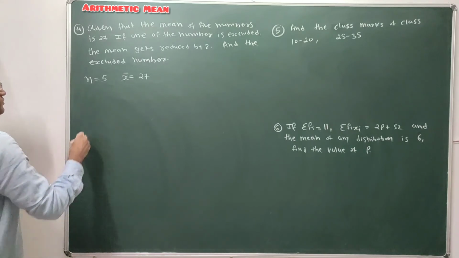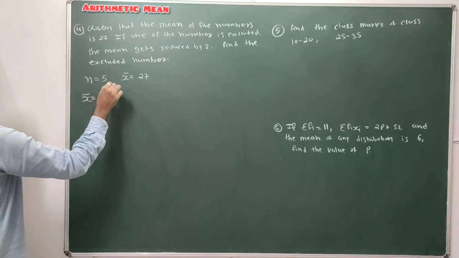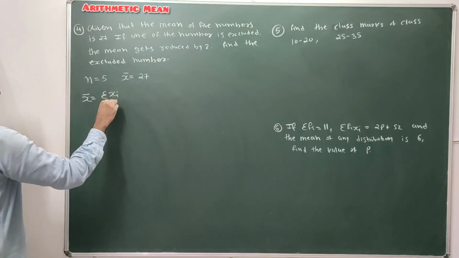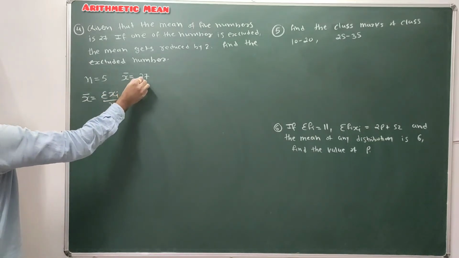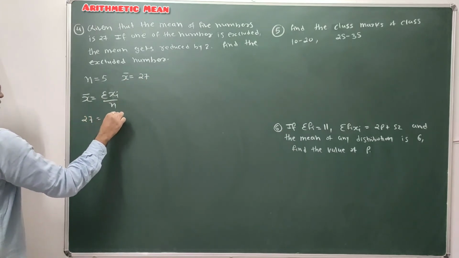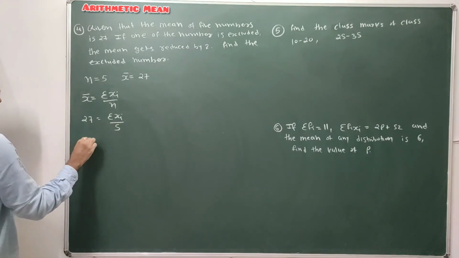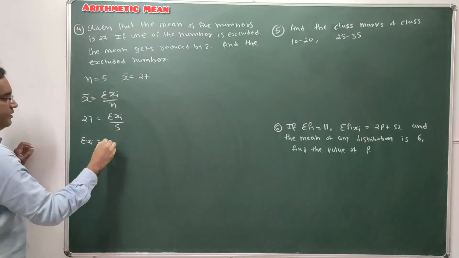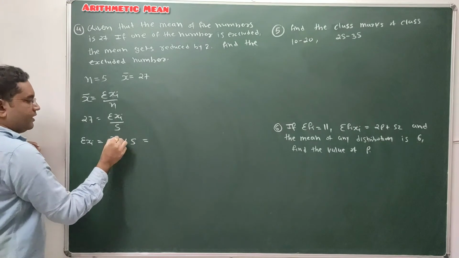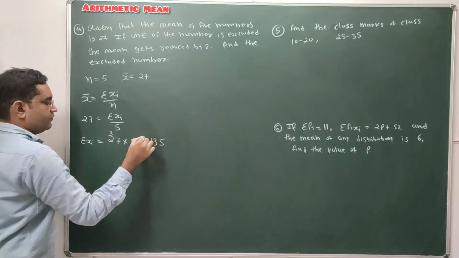So the formula is x bar equals sigma xi upon n, sum of observations. Here x bar is 27, so 27 equals sum of observations divided by the number of observations, 5. So the sum of observations is 27 into 5, which is 5 7s are 35, 5 2s are 10, plus 3, 135.